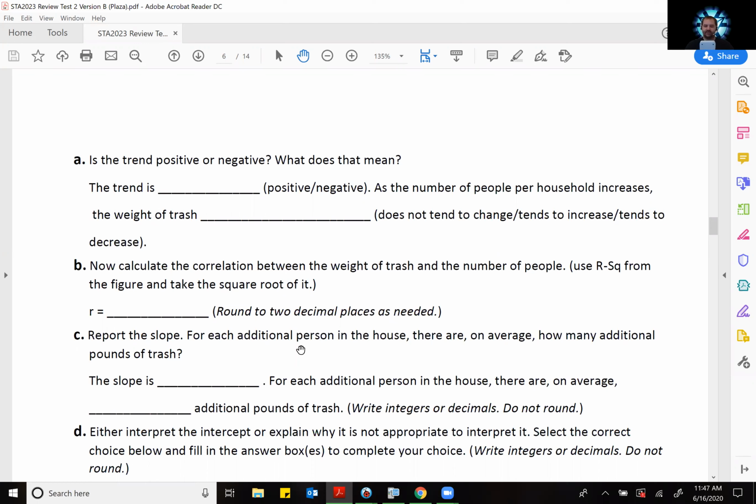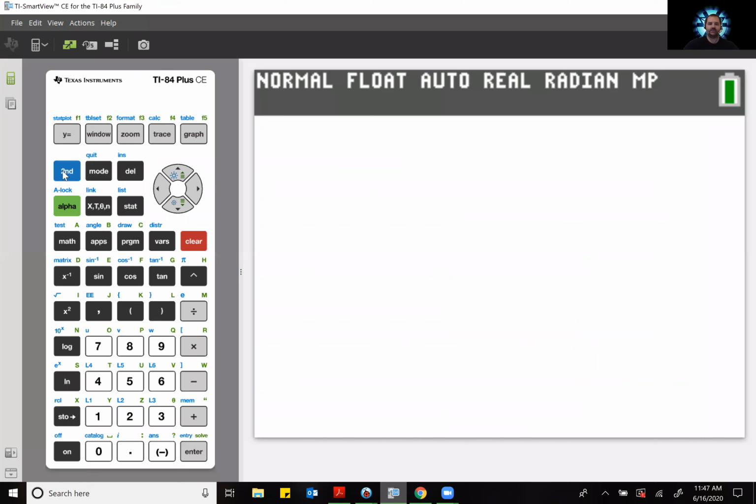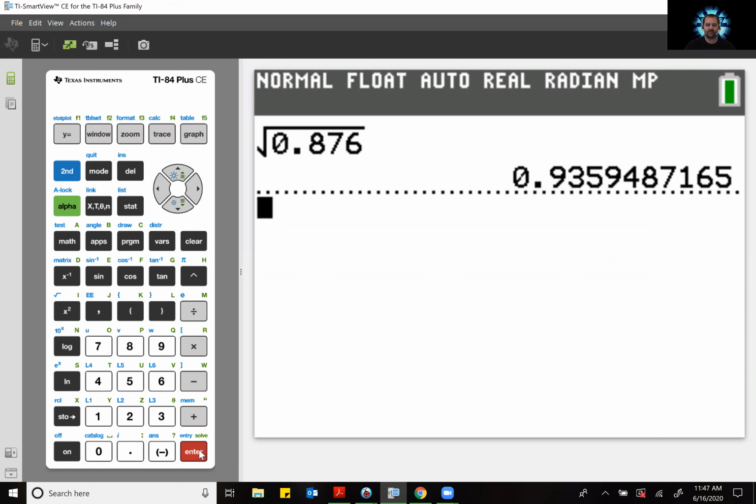We got contending pieces of information. Oh, never mind. It is 0.94. Because you go into your calculator, you hit second square root 0.876. Does that make sense, Miriam? Oh, okay. I got it now.